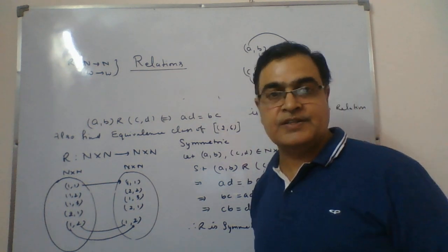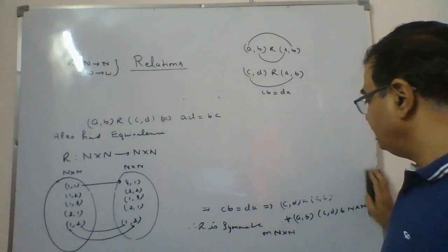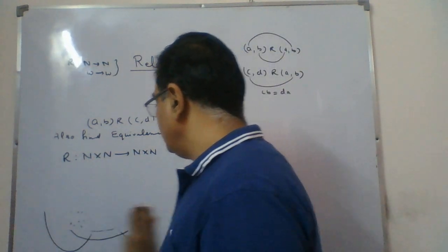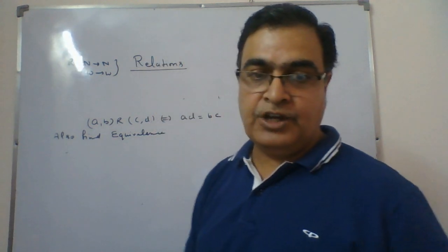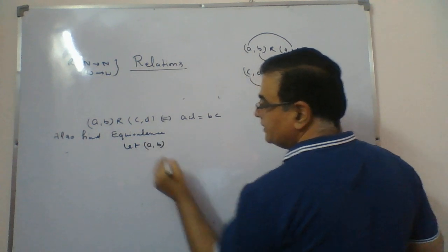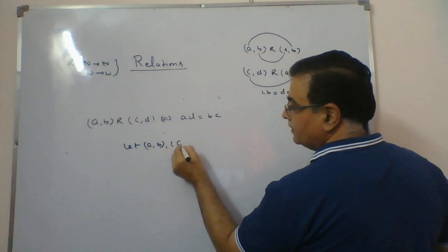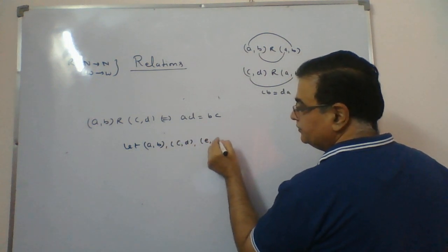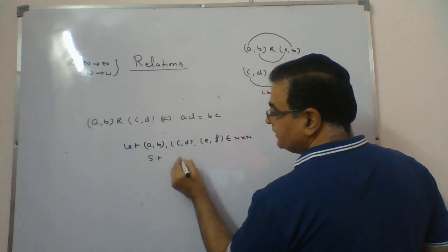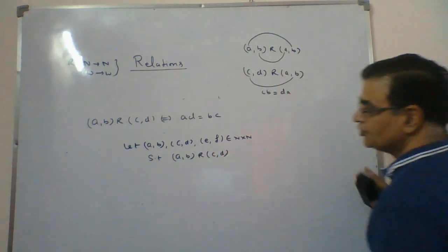Now we think about the transitive. So when you think about transitive, this time we will be taking three elements. Let (a,b), (c,d) and (e,f), three elements I am taking, belonging to N cross N such that (a,b) relates with (c,d), the first condition.